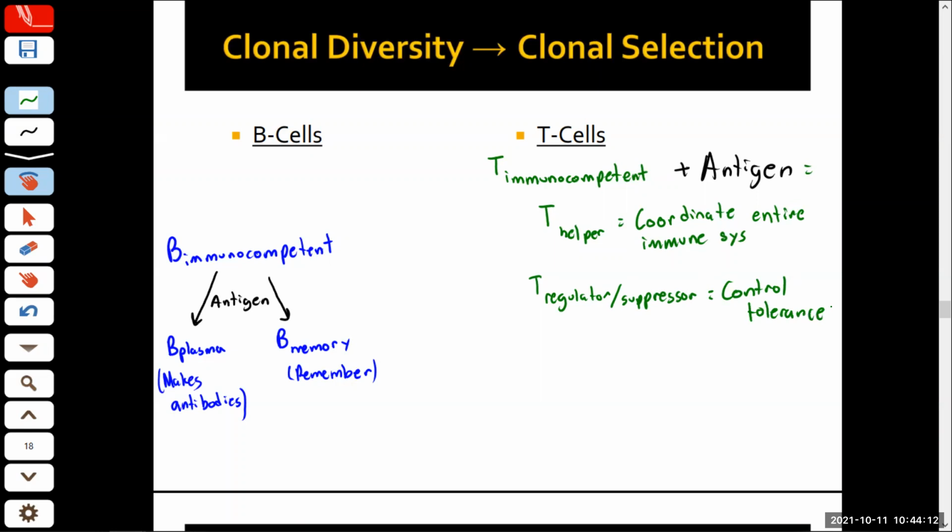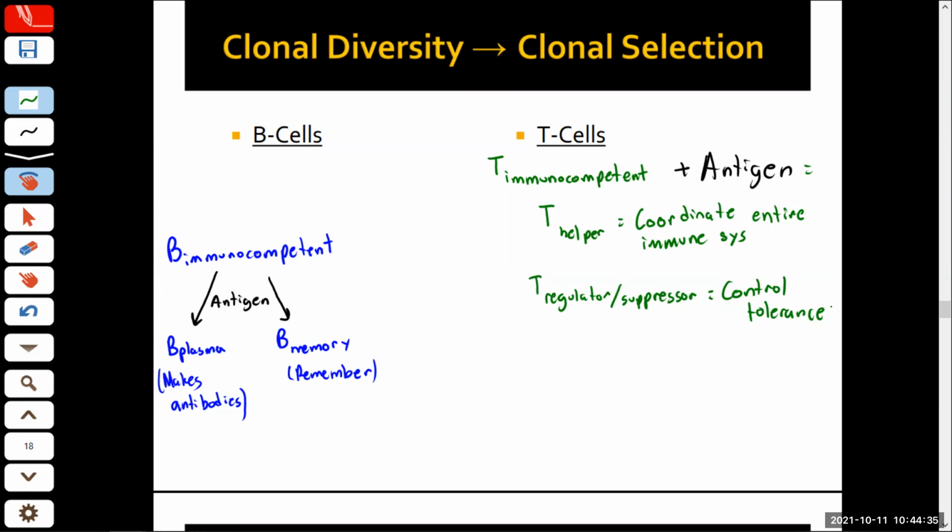Again, why would I need to lower tolerance? Yeah, that's viruses, right? Maybe I need to lower my tolerance because I have a virus going on. Who told my T regulator cell to lower my tolerance? Guessing what I'm saying, the T helper cell has fingers in everything.